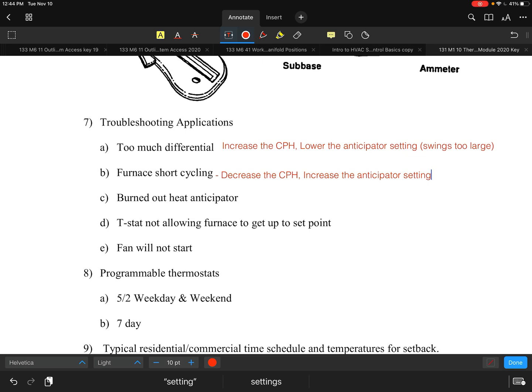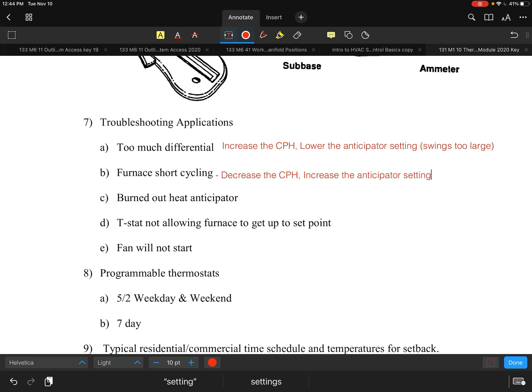The furnace was way oversized for the application and cycling way too much. It would turn on and off in very short run times, and it was killing the motors and the controls.